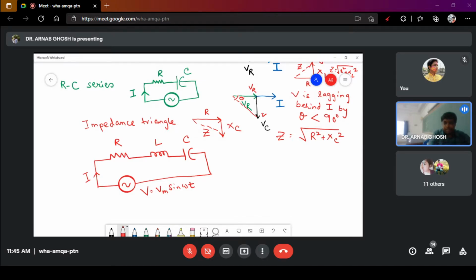Let's say this is your VR, and this is your current I. The current will be the same across all of these.